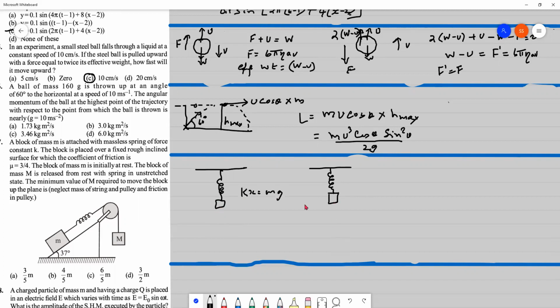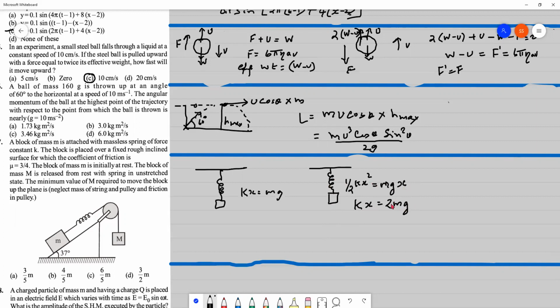In that case, you have to conserve energy here. So half kx squared, that is the gain in elastic potential energy of the spring, is equal to the loss in gravitational potential energy, that is mgh. In this case, it is mgx. So in this case, kx will be equal to 2mg. The x and x get scored out.